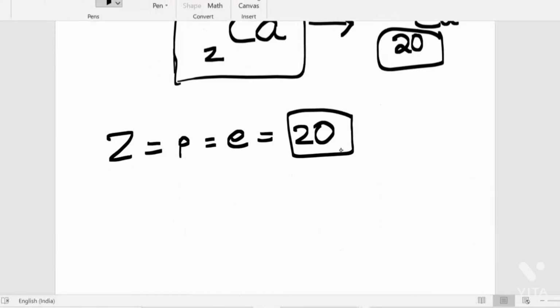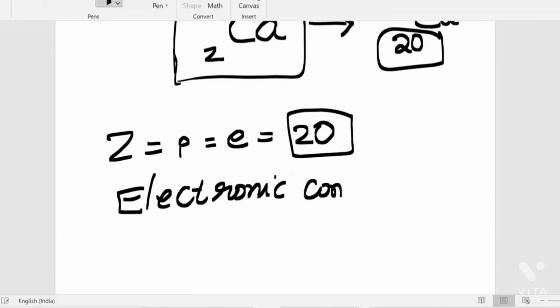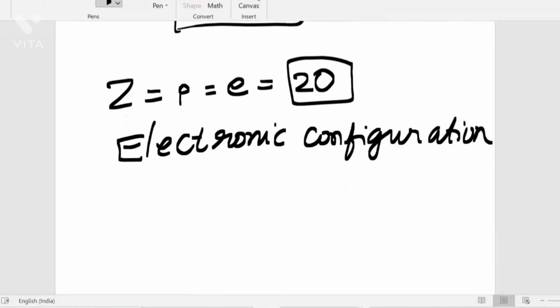How do you distribute the electrons in the case of an atom? Here it is 20. The distribution of electrons in different shells is called electronic configuration. Electronic configuration. Okay, 20 are there.